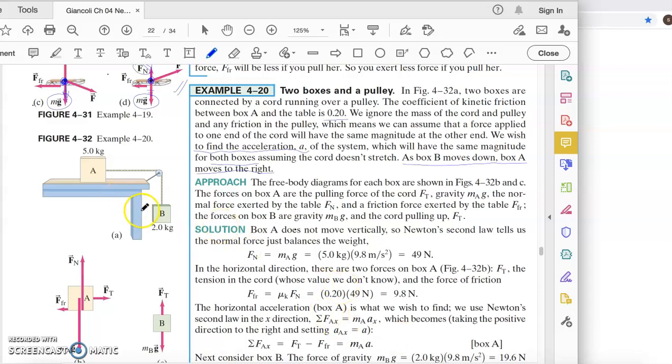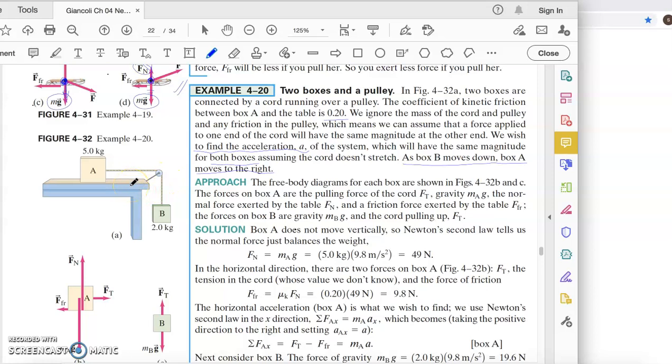This example is a combination between the Atwood machine and the object on a surface, because we can see that there's an object on a surface and the other object is there hanged, and they are both connected with a rope, assuming that the rope is weightless and it doesn't stretch. So we are assuming a perfect rope, and the rope is passing through a frictionless pulley.